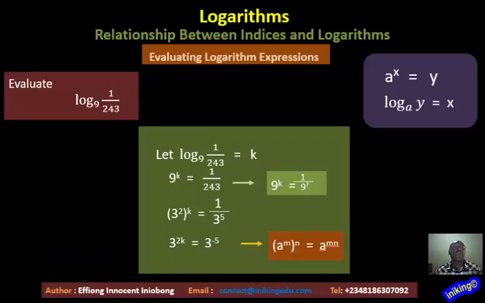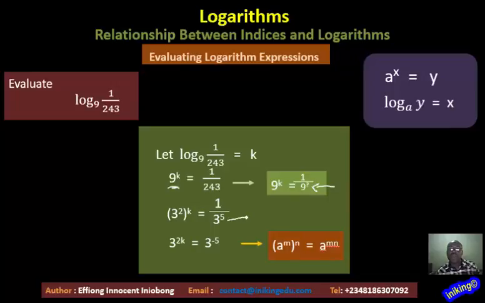Okay, so here we are. 9 raised to power k is equal to 1 over 243. And of course, 243 cannot be expressed as 9 raised to power an integer easily, or rather, let's use 3.